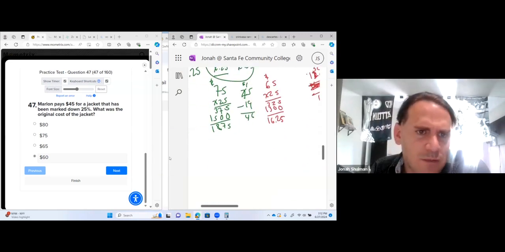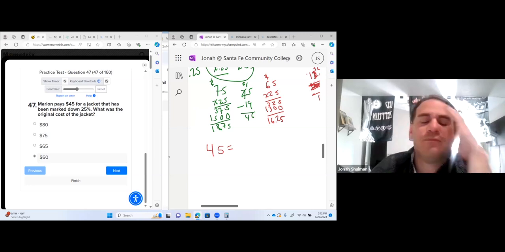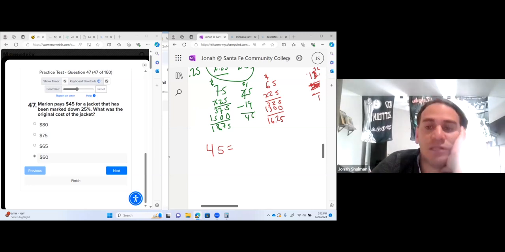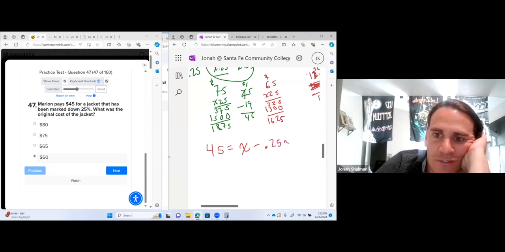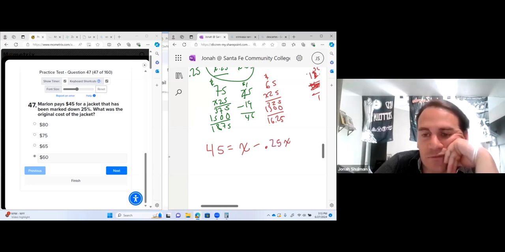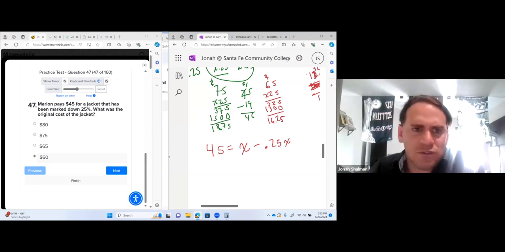So we know that Marlon pays $45 for a jacket that has been marked down 25%. So how can we do this? Basically, it's going to be what we don't know, which is X, and then we have to subtract 0.25 times X. This should give us the right answer. So it's the total jacket minus 25% of that jacket. What is X?